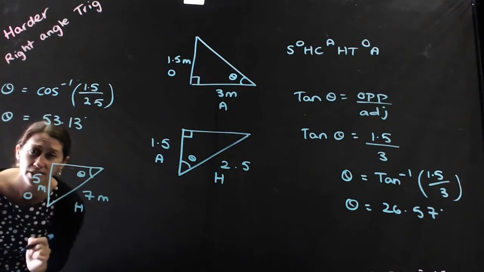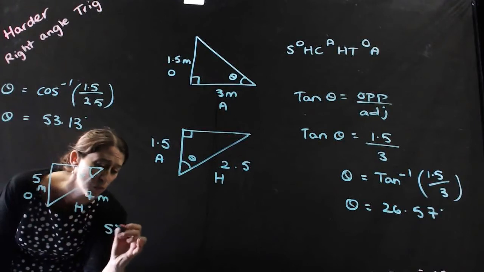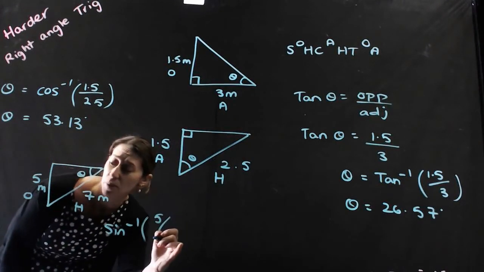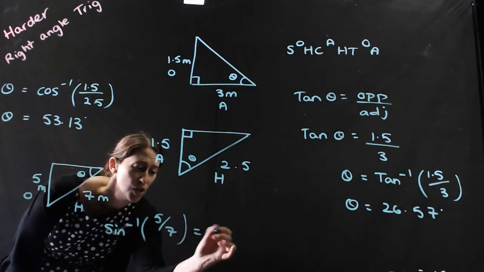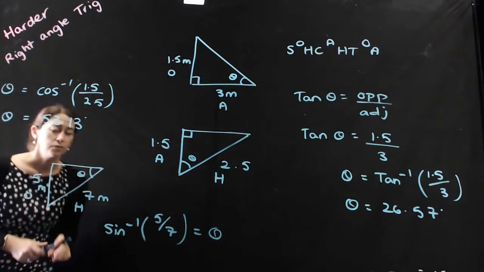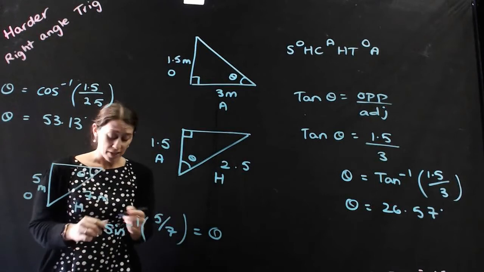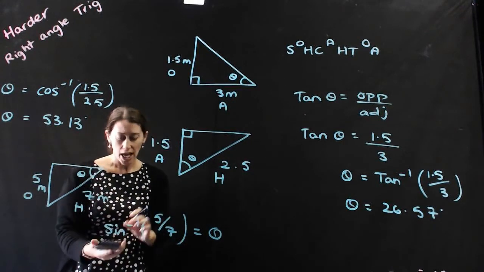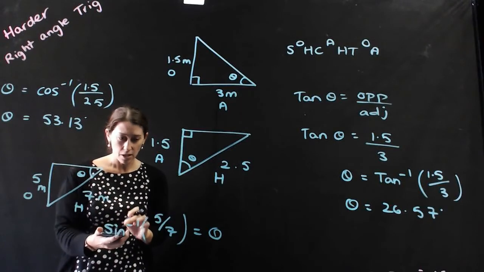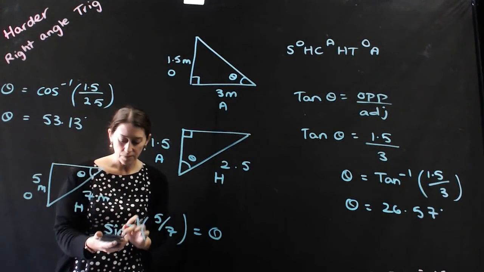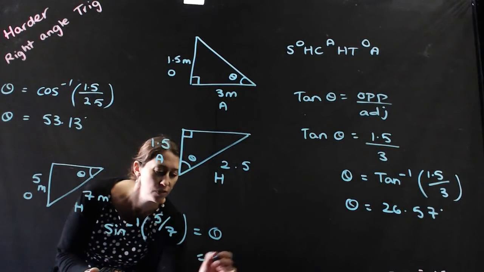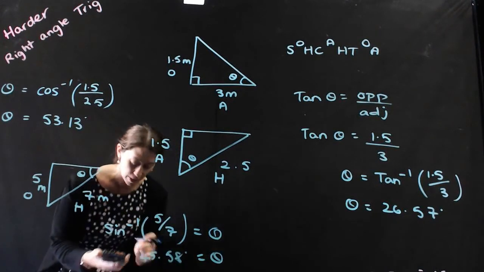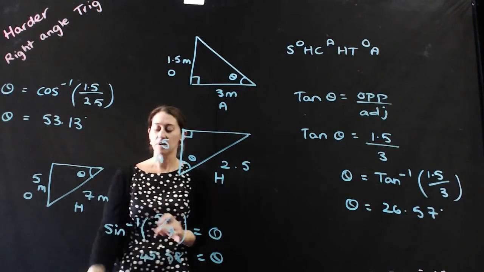I'm finding an inverse angle, so sine to the minus 1 of the opposite, which is 5, divided by the hypotenuse 7, will give me that unknown angle. Have to work that one out, so let's find my calculator here, and I'm going to do the inverse sine of 5 divided by 7, and I get 45.58, so theta equals 45.58 degrees correct to 2 decimal places.